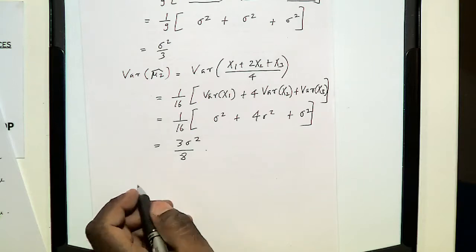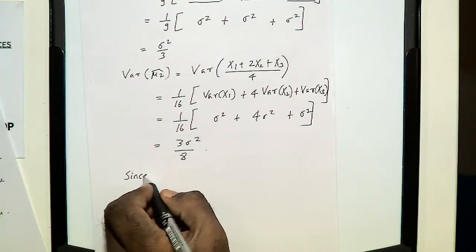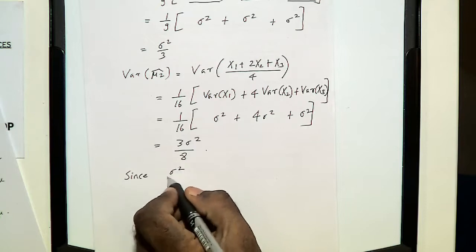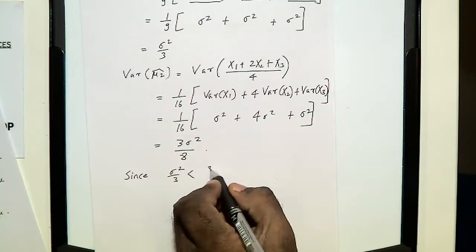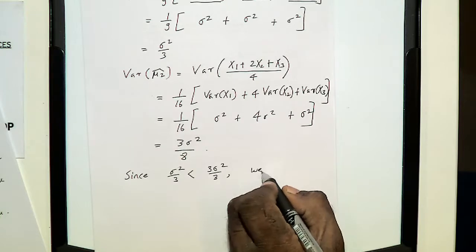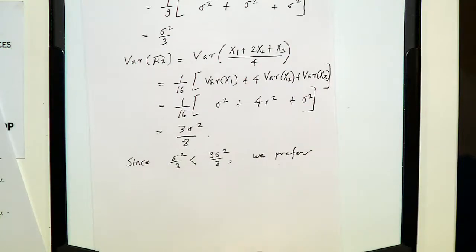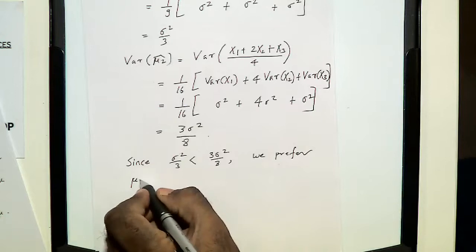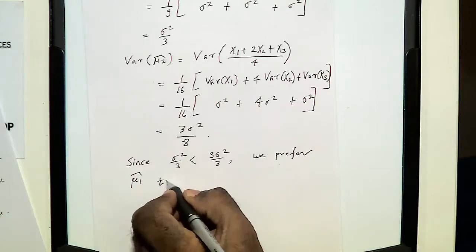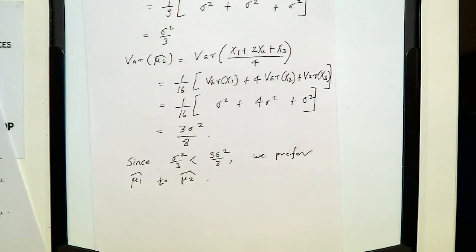Since sigma squared by 3 is less than 3 sigma squared by 8, we prefer mu1 hat to mu2 hat. So the first estimator is a better estimator because it has smaller variance.